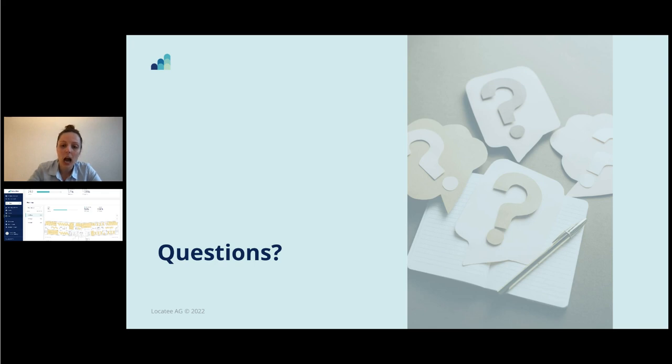Another question is, how do I start integrating data in building operations? First, you need to have data. Whatever data you then have, you can start to think of what is the first and main use case and what value do you want to get out of it. By having this defined, the next step is then to discuss what data is actually required.